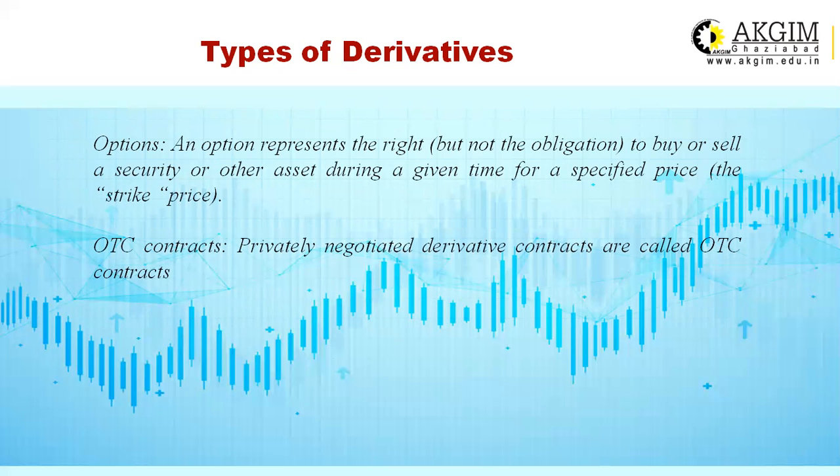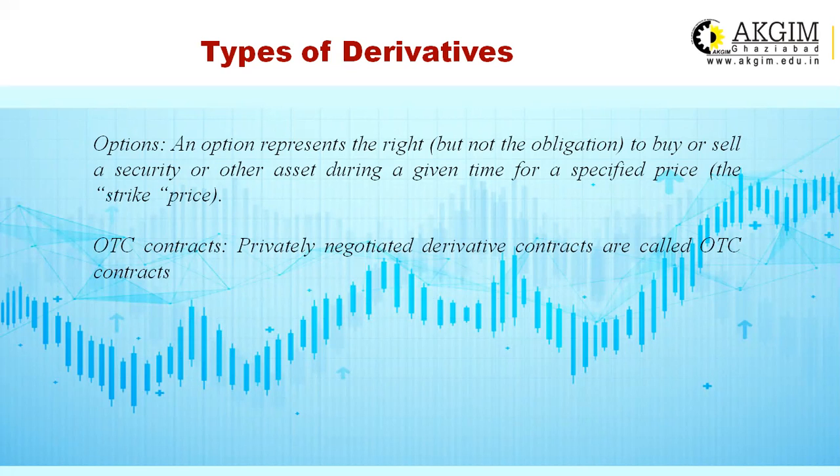Options. An option represents the right, but not an obligation, on the part of the buyer to execute the option. They can buy or sell a security or other asset during a given time for the specified price, which is known as the strike price.